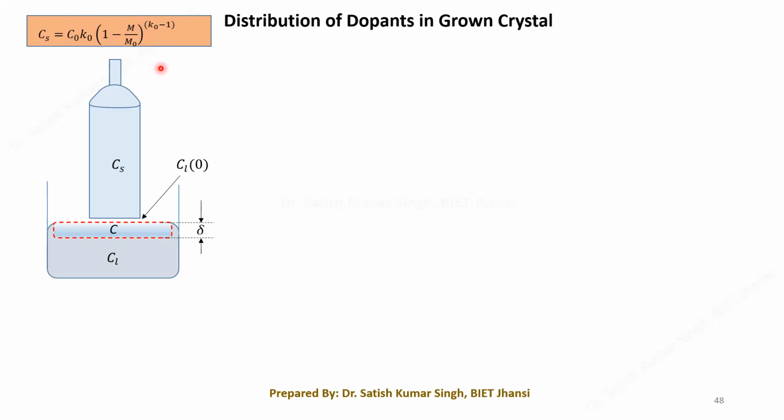It should not increase if C naught is initially constant and K naught is also constant. But the reason is that as we keep drawing this particular crystal, the melt is progressively becoming a more concentrated solution. It means the dopant concentration keeps on increasing and is not constant at C naught. This is the fact.